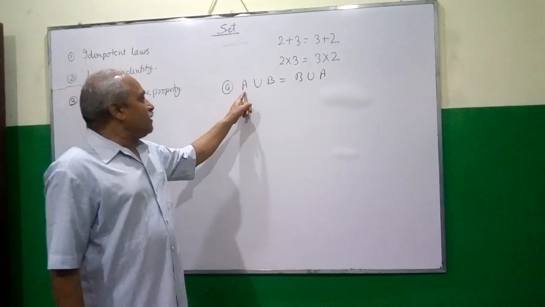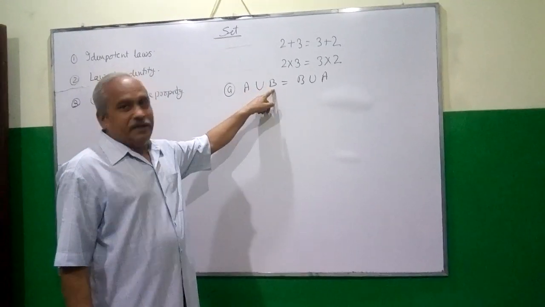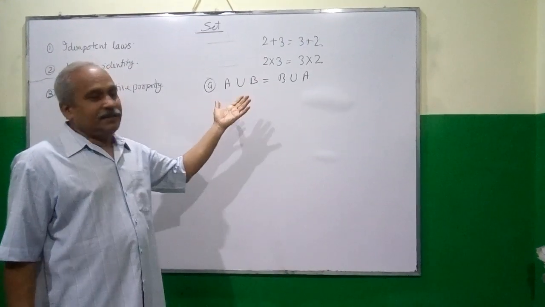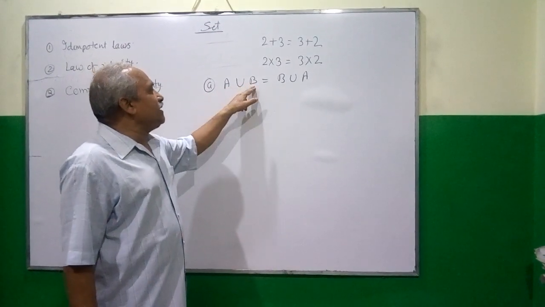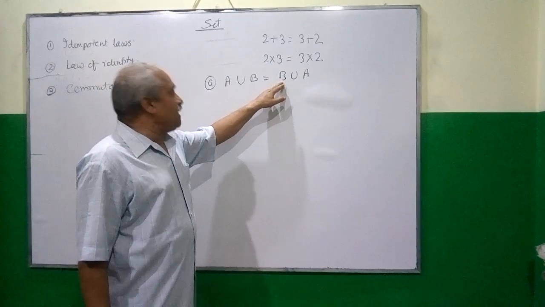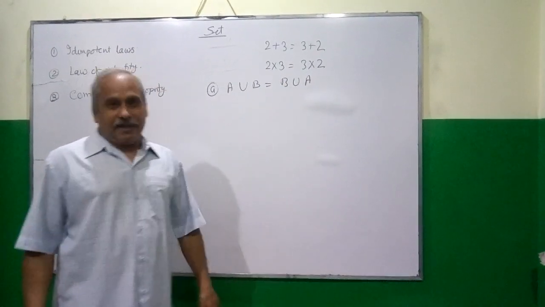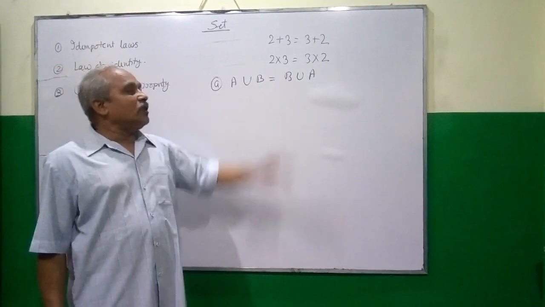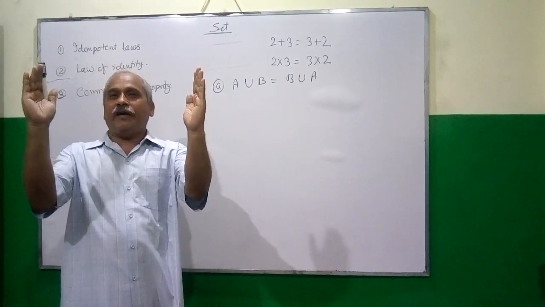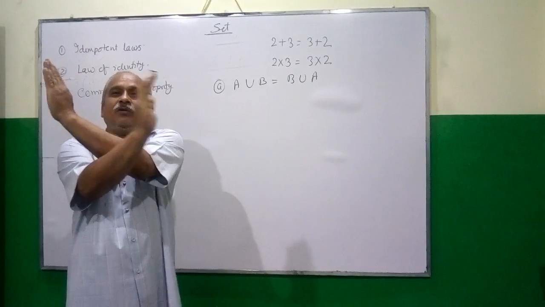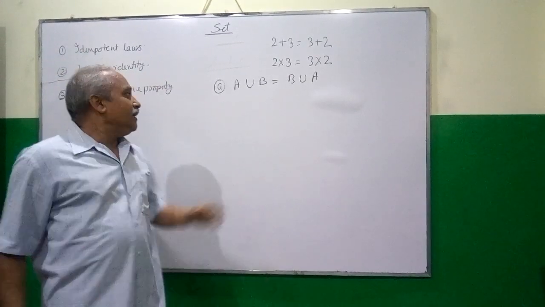Kram means order, binimay means exchange. You can see first is A, second is B, and here first is B and second is A. Therefore, it is called commute. Commute means to interchange.